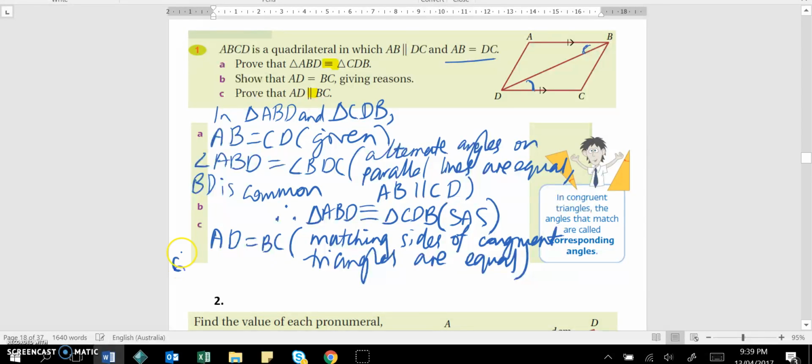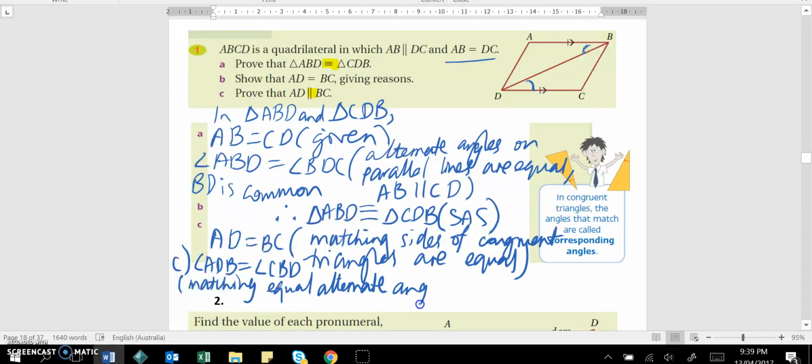So for part C, I'm basically going to say angle ADB equals angle CBD, and they are matching equal alternate angles in congruent triangles.